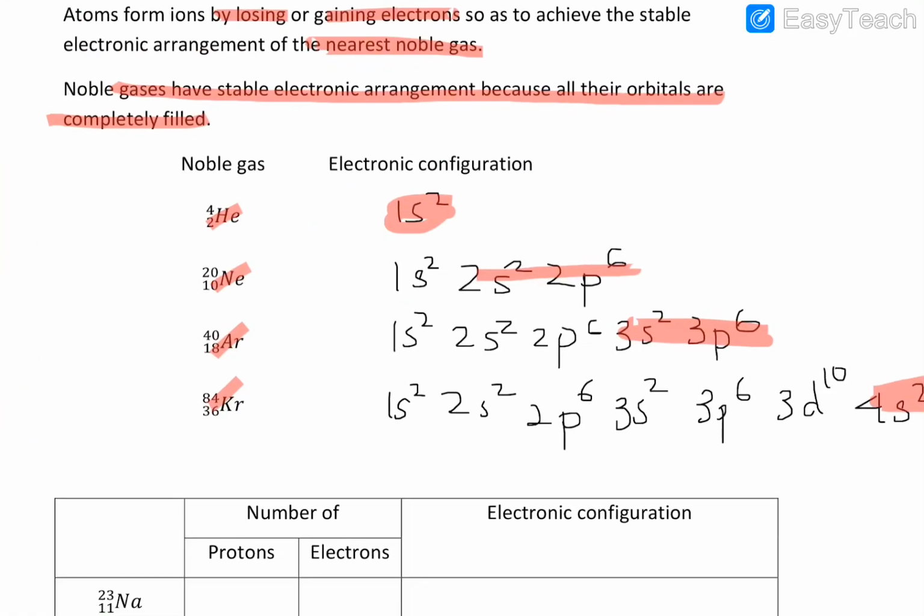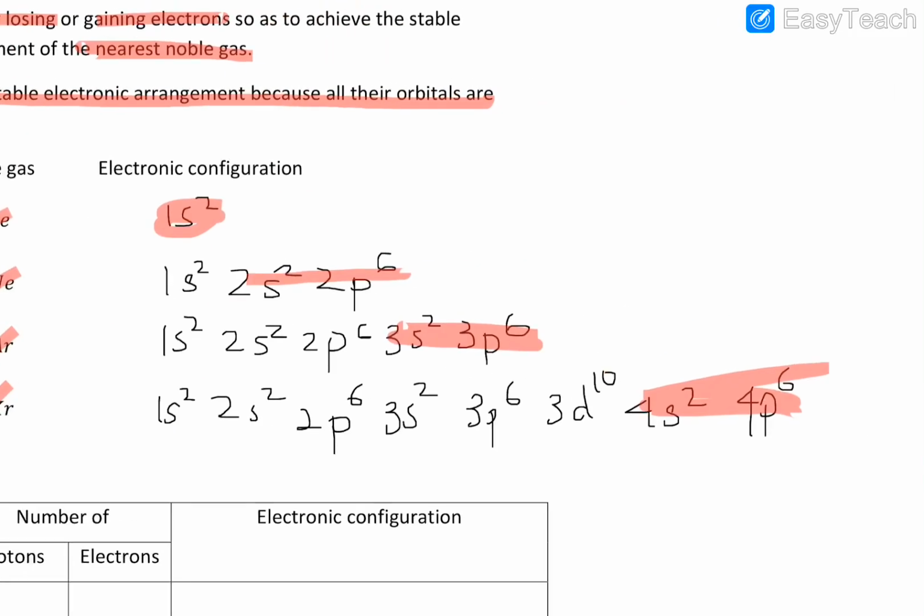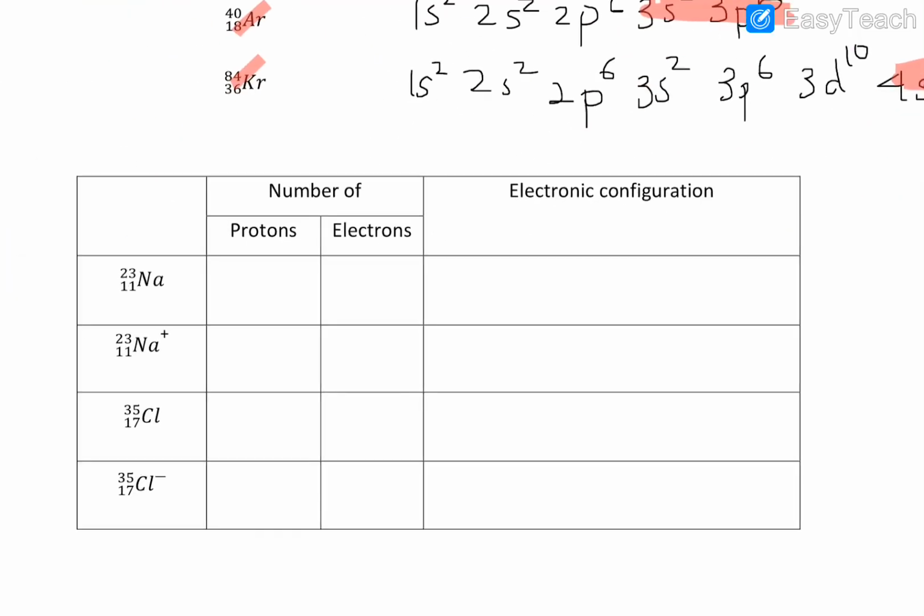They are all in the p block, so the last orbital that we're filling is the p orbital. Okay, so now atoms will lose or gain electrons to have the electronic configuration of the nearest noble gas.